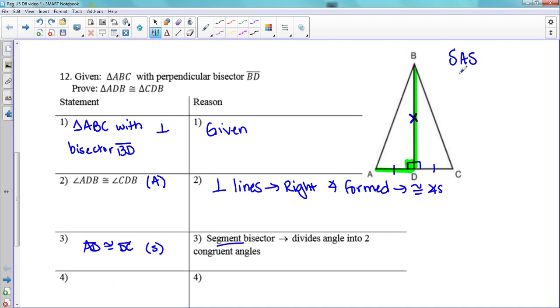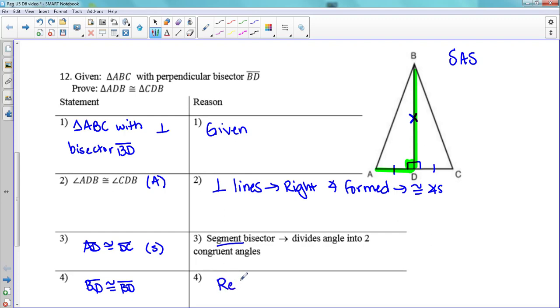Where did my other side come from in side angle side? BD congruent to BD. What do we use when we are saying that an angle or a side is congruent to itself? Which property is that?